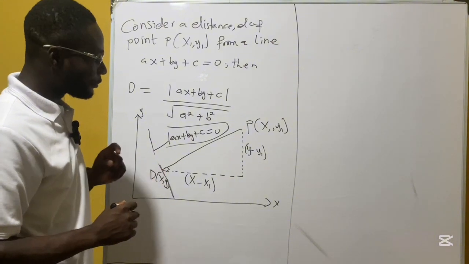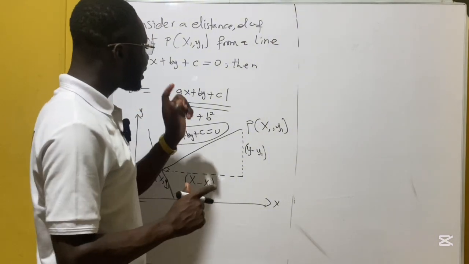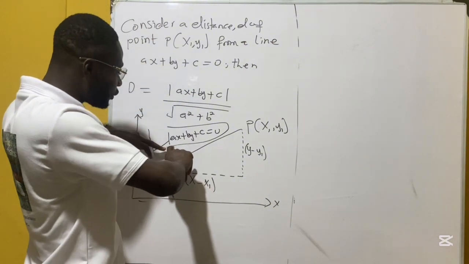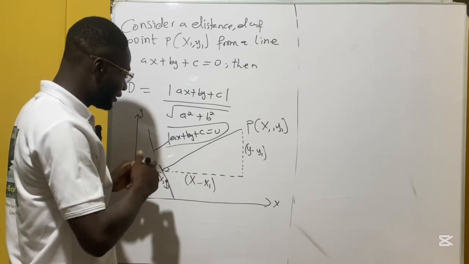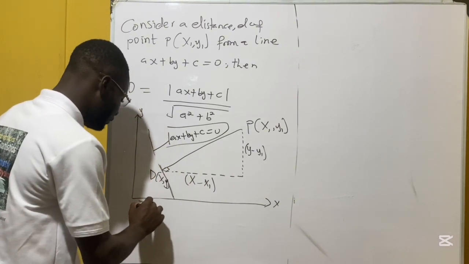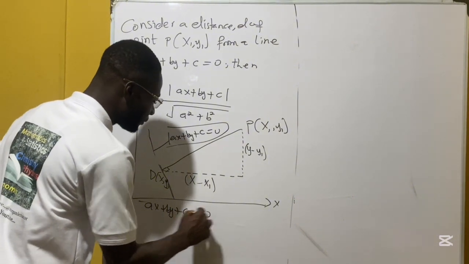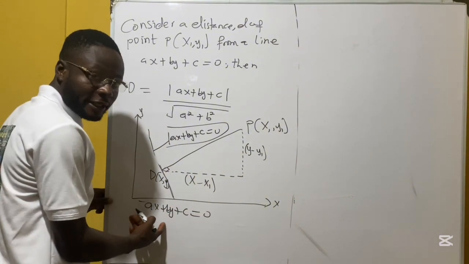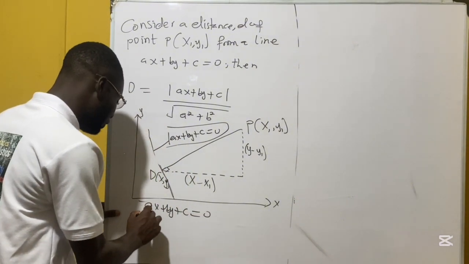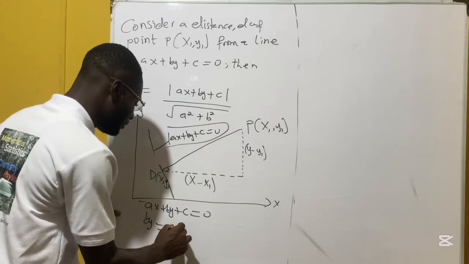Now let's try to find the gradient of this line, ax plus by plus c equals 0. Let's make y the subject first.